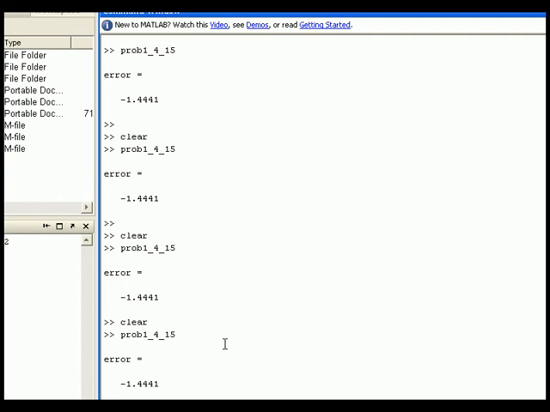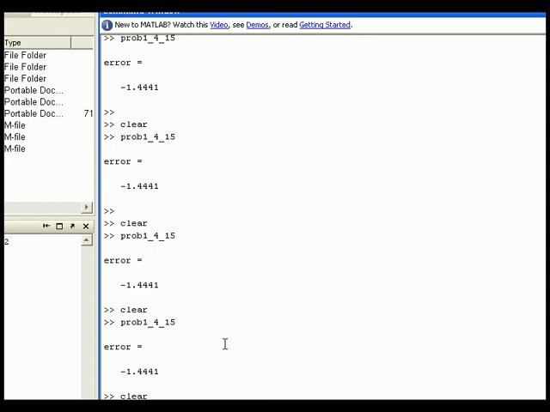Now let's solve problem 15, which is y prime equals square root of y, y of 0 equals 1. That is autonomous and therefore separable, so we can actually solve it. And the exact solution is y equals 1/2 t plus 1 quantity squared. And let's first take 4 steps of h equal to 1.